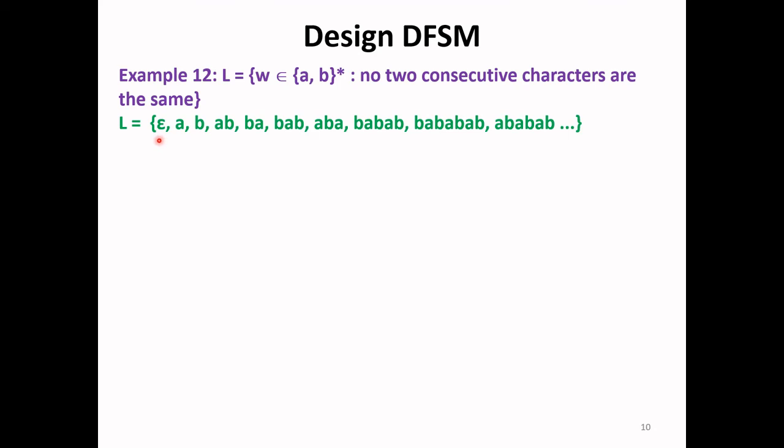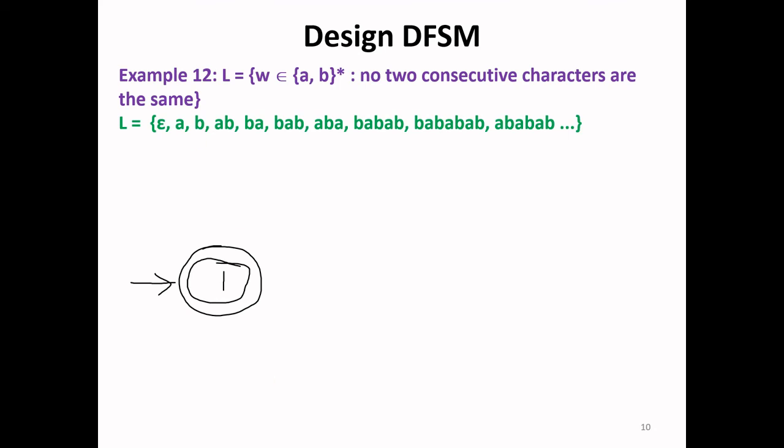So the first string in this language is epsilon. So the initial state 1 itself is the final state. The next strings in this language are A or a B reaching the final state.